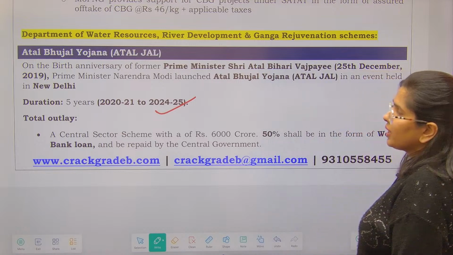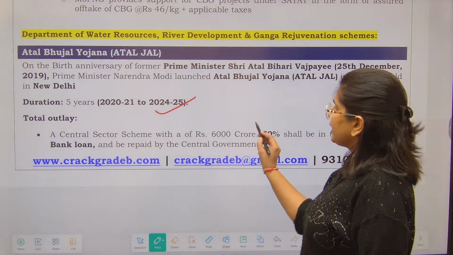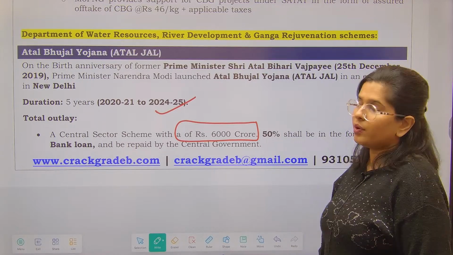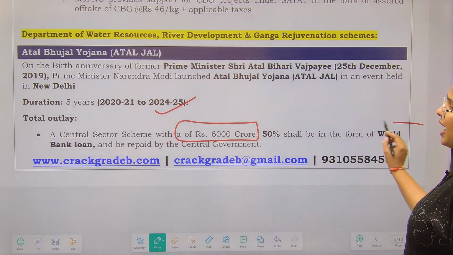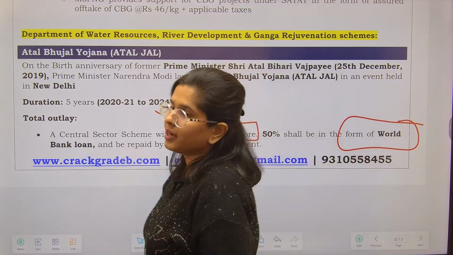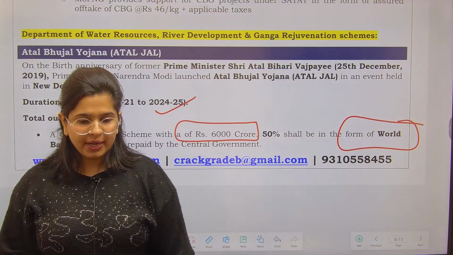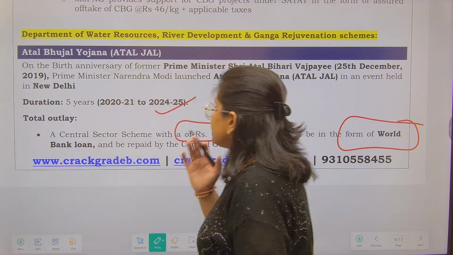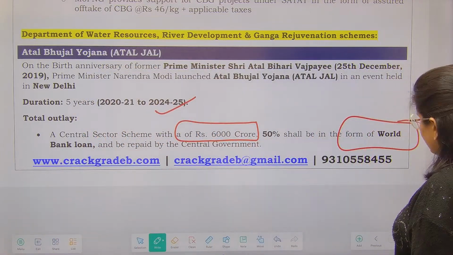Now what is the total outlay? So it is a central sector scheme with a cap of 6,000 crores. ठीक है, 6,000 करोड़ के कैप के साथ में 50% has been provided in the form of World Bank loan, right? So this has been provided in the form of World Bank loan, and it is very, very significant. It will be repaid by the central government.